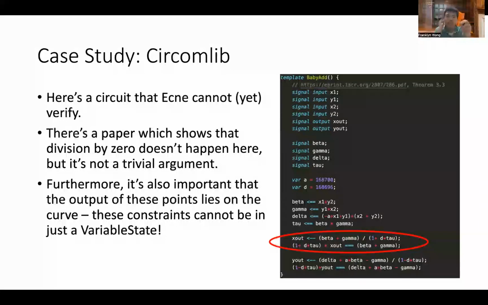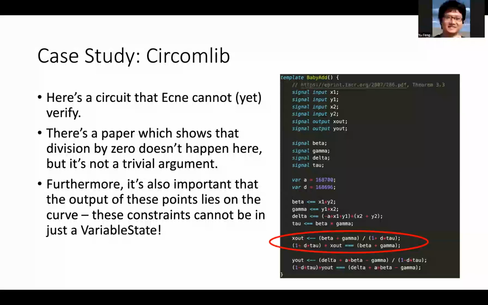If you added checks that x1 and y1 and x2 and y2 lay on the elliptic curve, then you could prove that 1 plus d times tau is not 0. However, I agree that this by itself is not weakly verified, and that is a pretty important note that anyone who uses this should be careful to check first that these points lie on the curve, because by itself this does not provide unique outputs. But even if we had this precondition, we would still not be able to solve this. Ecne would still not be able to do this.